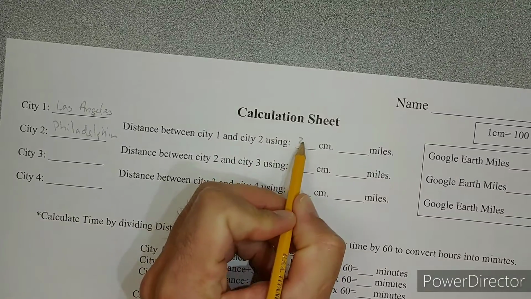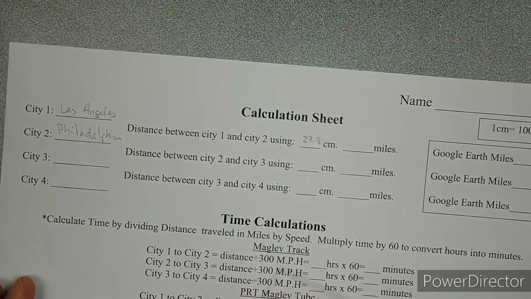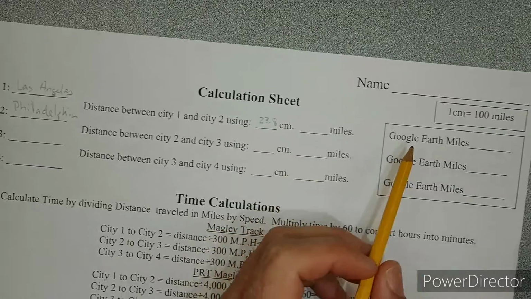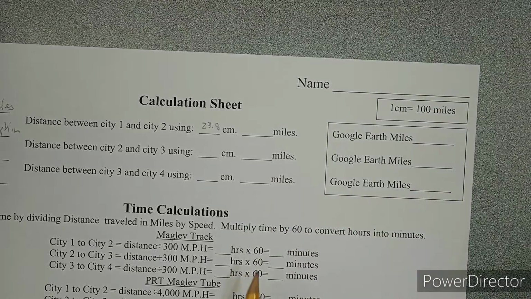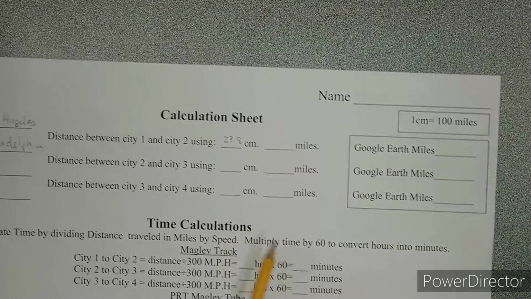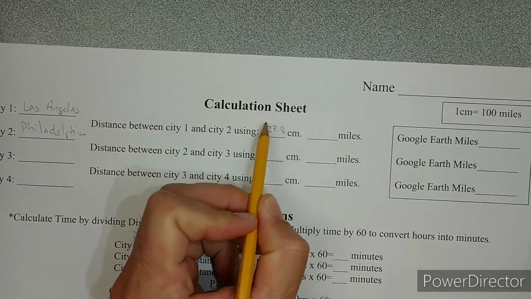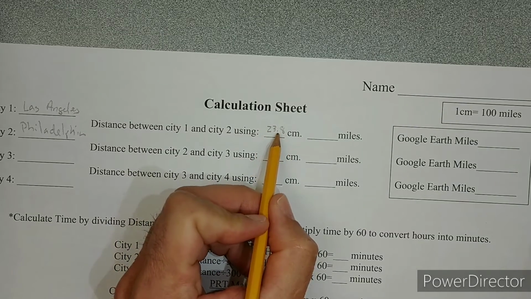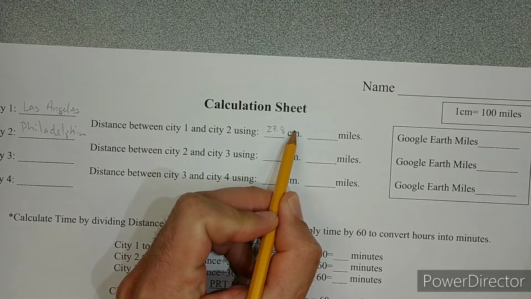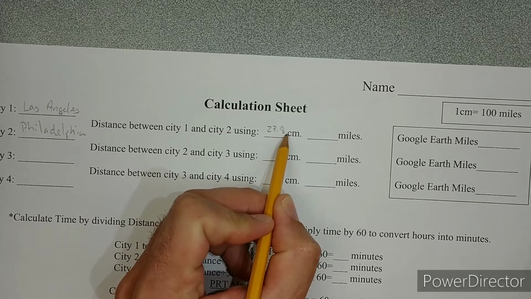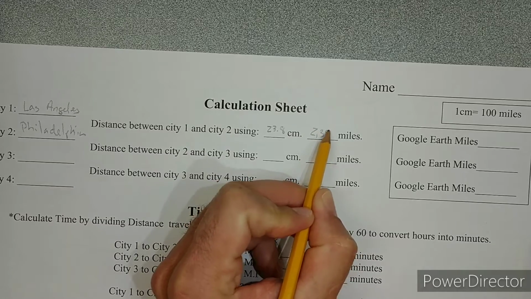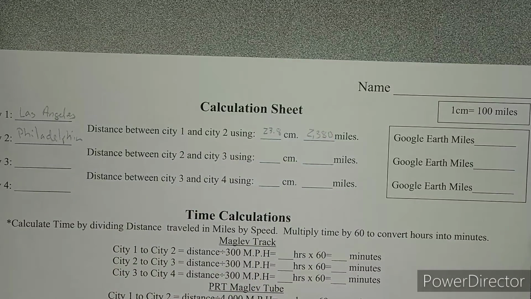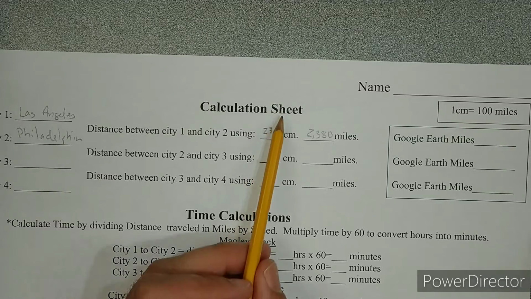So I write 23.8 centimeters, and then I'm going to multiply it by 100 to figure out the distance between those two cities. When I multiply this number by 100, all I need to do is move the decimal place over 2 times, okay? If I move it over once, I get 238. If I move it over one more time, I get 2,380 miles connecting the two cities. Okay, so that is completing step 1.